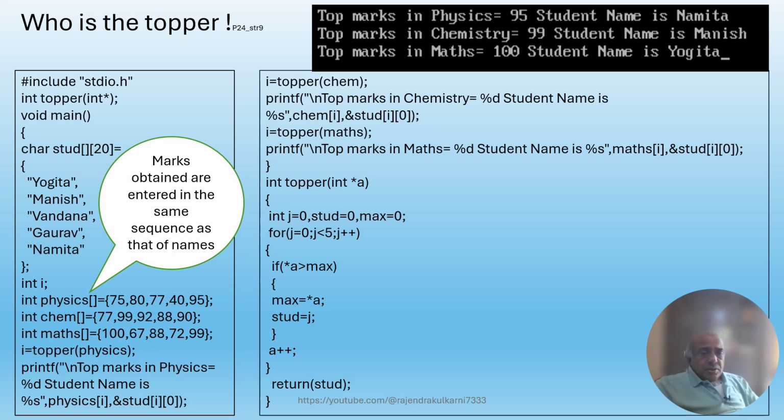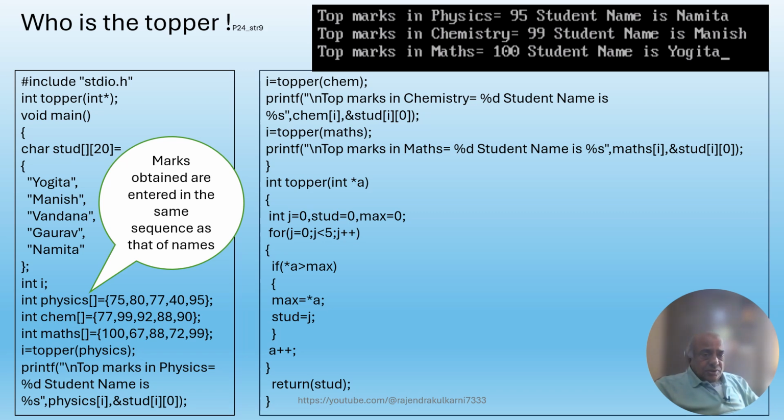which is collected by the variable i in the main, and that i now contains the element number of the array of physics, chem or maths, when we call each of these functions, which has the highest value of all the elements.